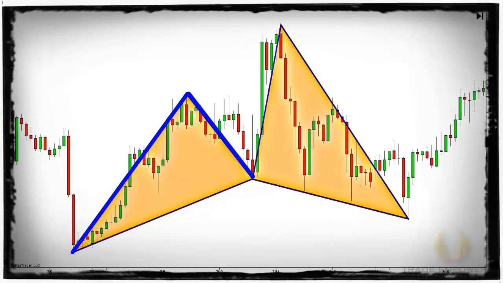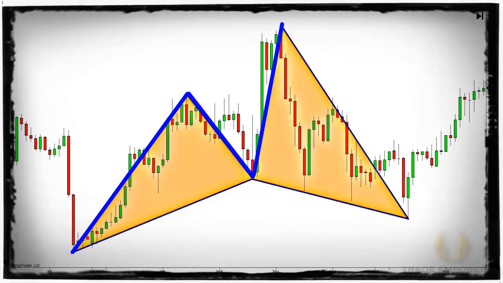Once criteria for step 2 is fulfilled, so giving us a valid B leg, we can now look for a C leg. The market creates a valid C leg by the candle and its wick fulfilling at least a 127 Fibonacci extension taken from the X to A leg. Price action doesn't have to close beyond this mark, however it does have to touch it.